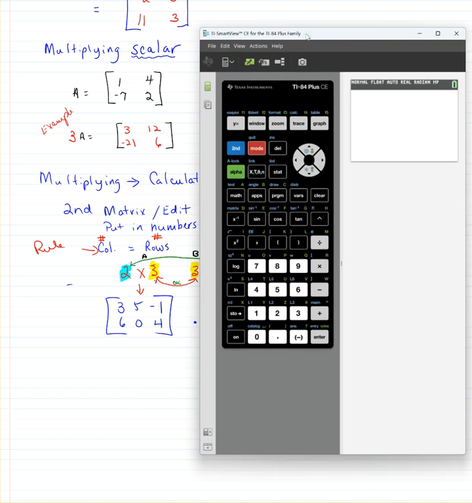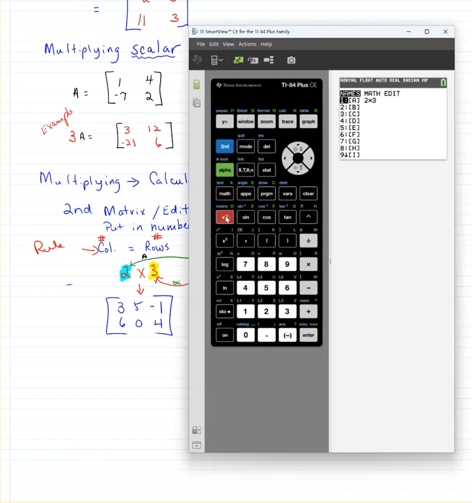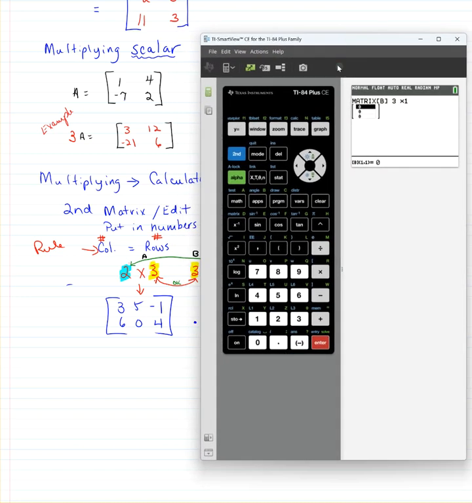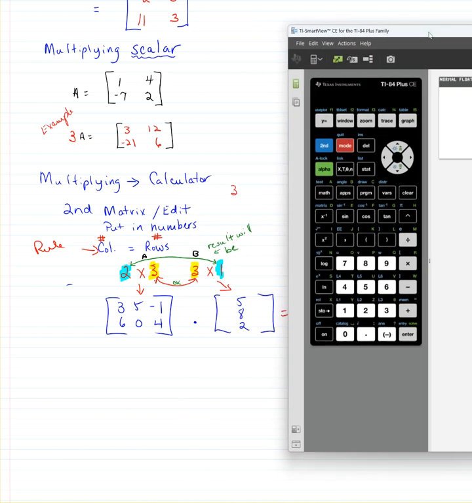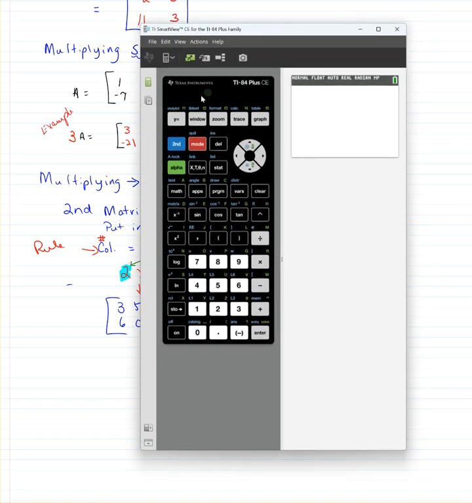So second matrix again. Over to edit. Now we want to go down to B and hit enter, and we want it to be a 3 by 1. Let's remind ourselves what it was. It was 5, 8, 2. I've got it in right. We're going to second quit. So now we should have two matrices in, and we want to multiply them. So you go back in, second matrix, and then here is the column of names.